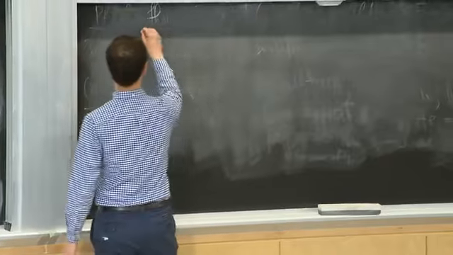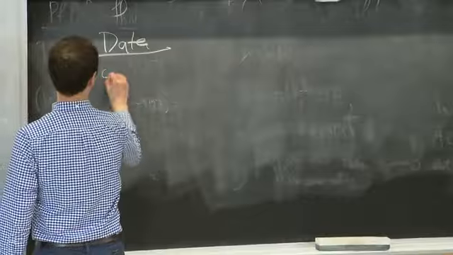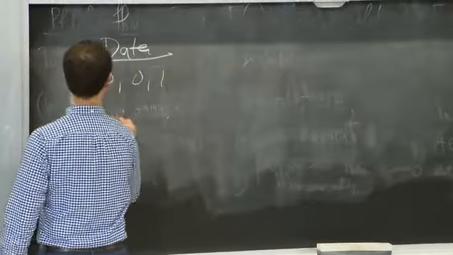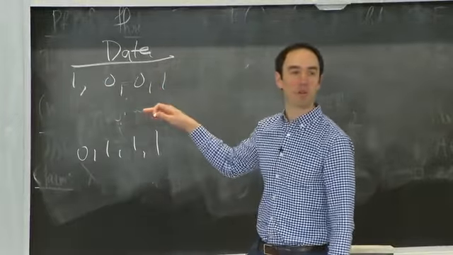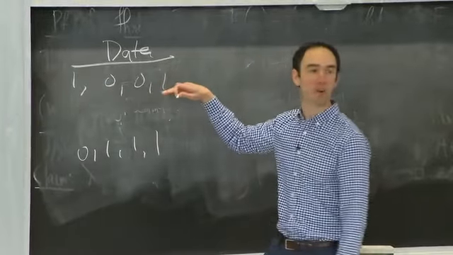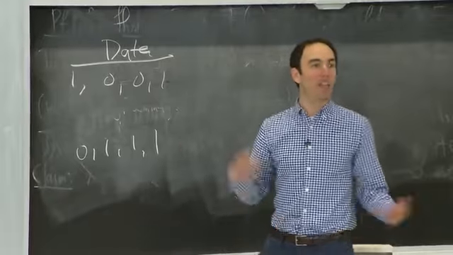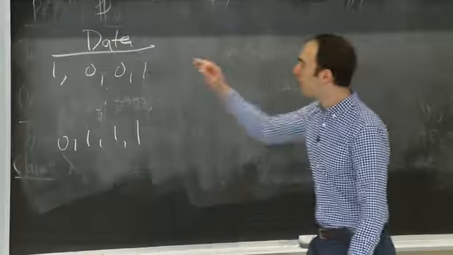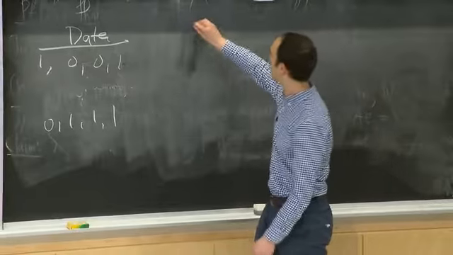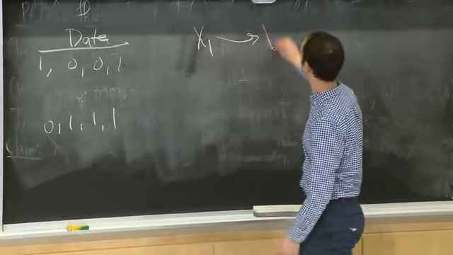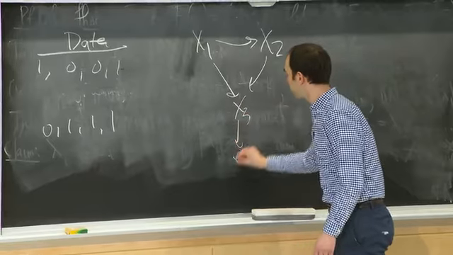You have data of the following nature: 1, 0, 0, 1, dot, dot, dot. So here there are 4 random variables. I'm showing the realizations of those 4 binary variables, 1 per row, and you have a data set like this. Okay? And I thought causal inference had to do with taking data like this and trying to figure out, is the underlying Bayesian network that created that data, is it x1 goes to x2 goes to x3 to x4?